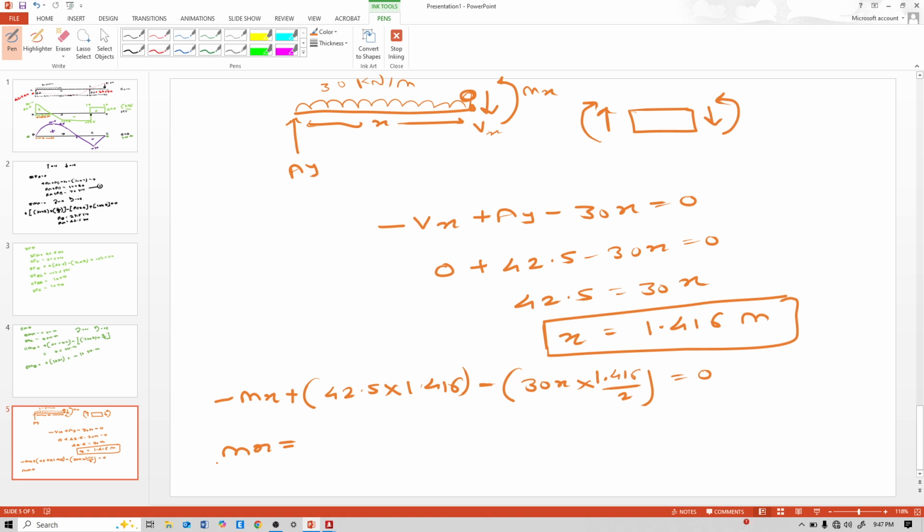It is 30.104 kilonewton meter. See, this 42.5 into 1.416 is 60.18, and minus 30 into 1.416 into 1.416 divided by 2 is 30.104 kilonewton meter.